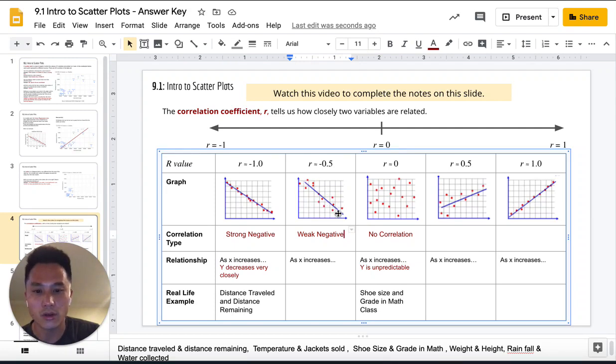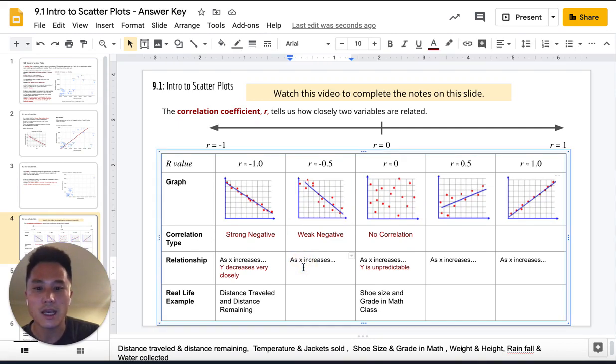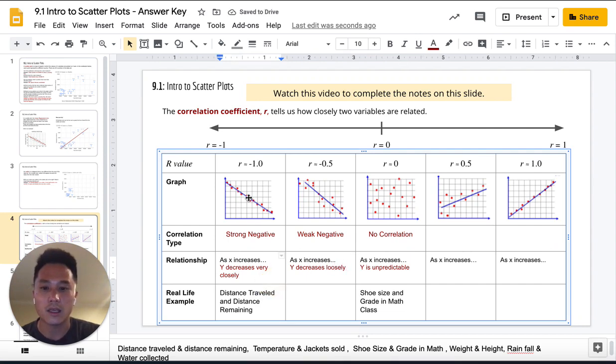We can tell that they're going down, but notice how compared to this one on the left, in this graph, they're not as close to the line. They're a little bit more spread out. So what's happening here is as x increases, the y values are also decreasing, but I'm going to say that they're decreasing loosely instead of very closely like they are here.